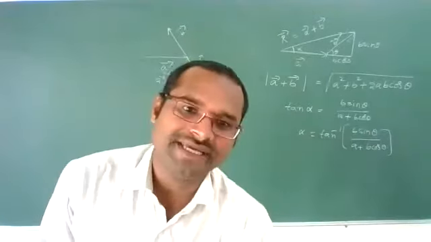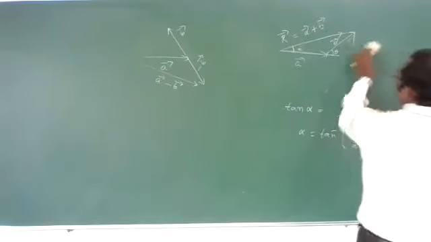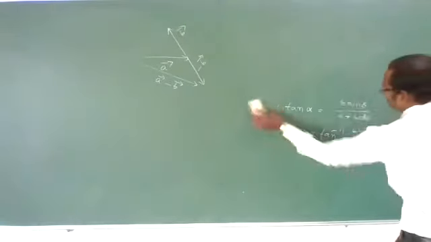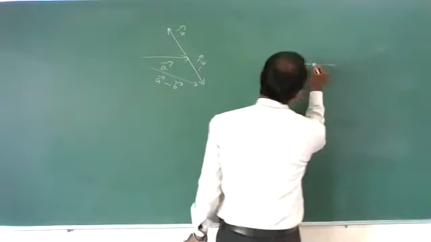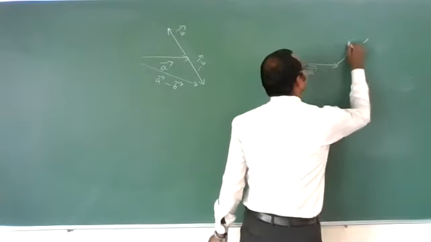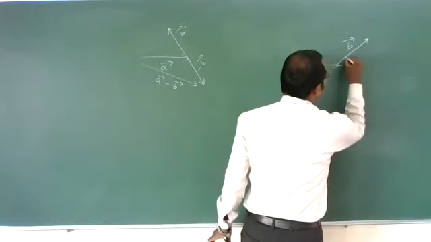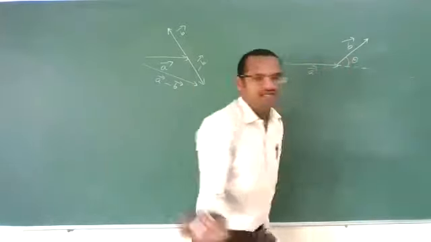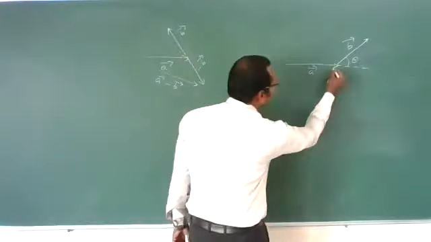Now let us discuss A minus B. Same thing, I am not changing anything here. This is A bar and this is B bar. The angle between these two is theta. We don't want A plus B, we want A minus B. So for that, what to do?